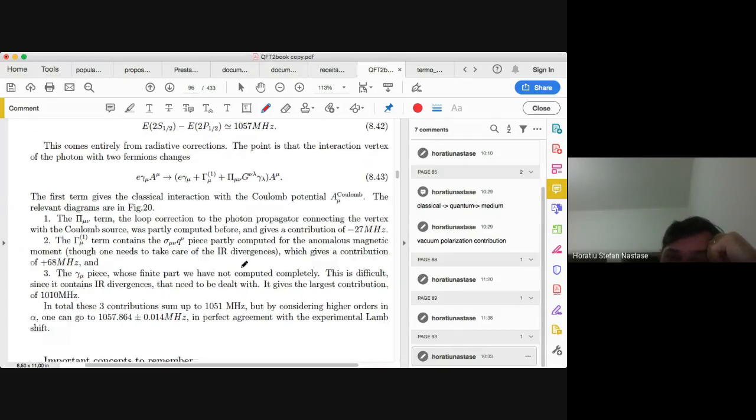So these things need to be taken care of and added to the corresponding gamma mu 1 term. And this gives 68 megahertz, which is still a small contribution.